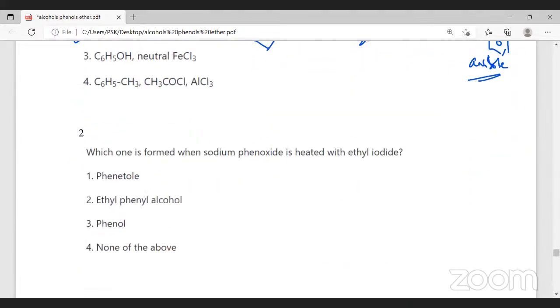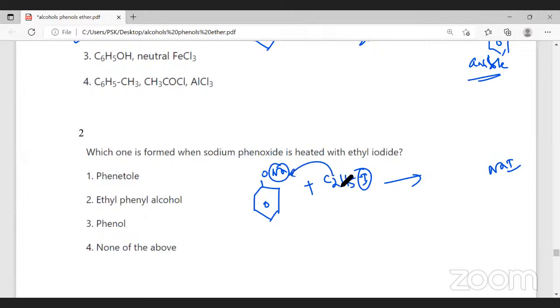The next question: which one is formed when sodium phenoxide is heated with ethyl iodide? It's a similar reaction to what we learned previously. I and Na get eliminated as NaI. In place of Na, C2H5 goes.